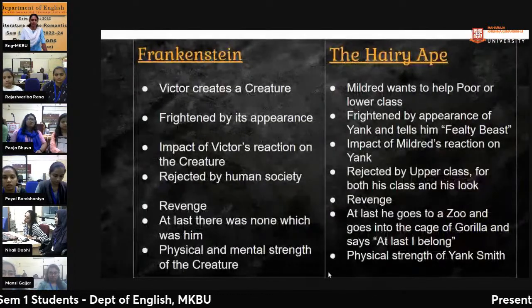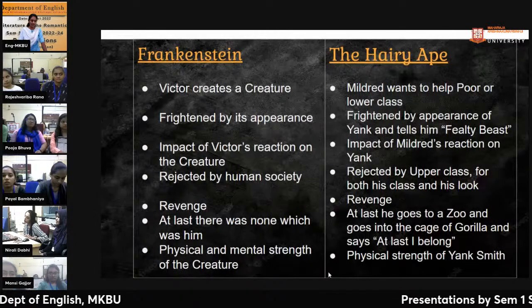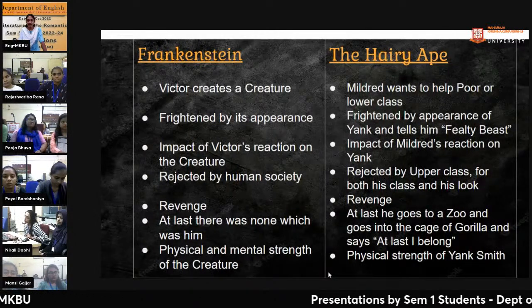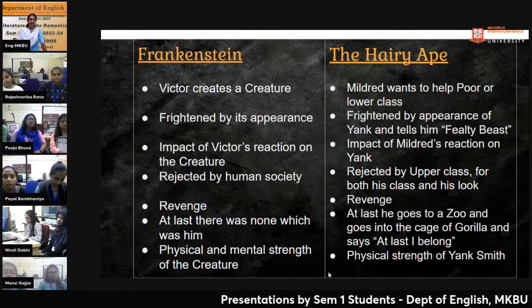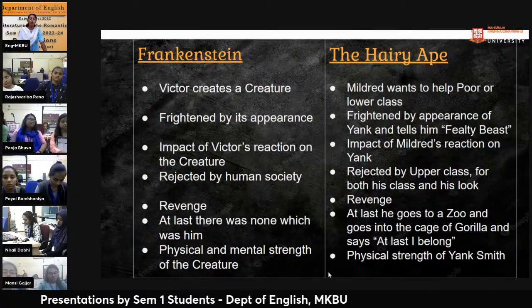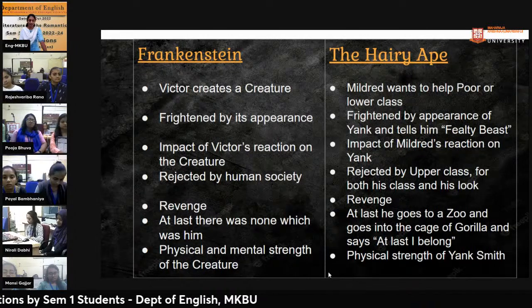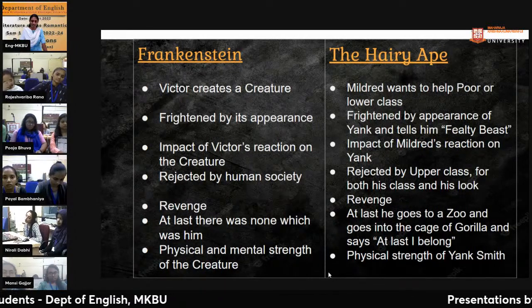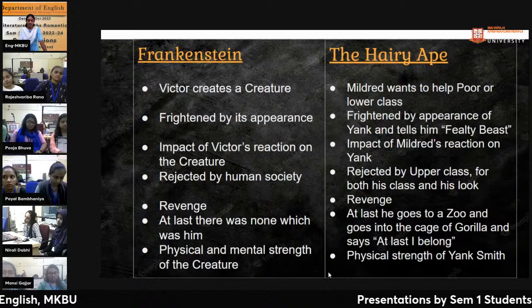So in both texts, both the creature and Yank want revenge. At last, there was none who was with him, and his creator had also died. So there was no one with him.